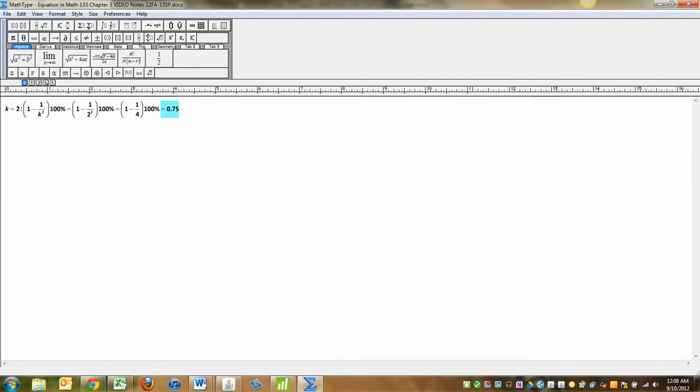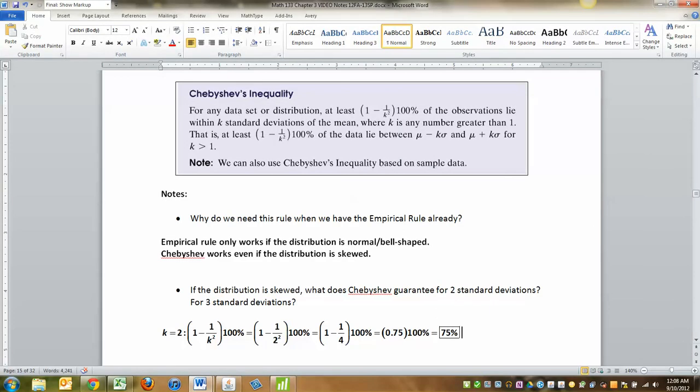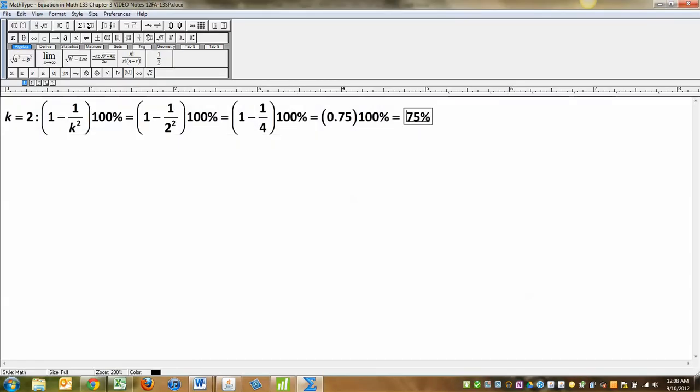All right, there we go. 0.75 times 100%, which is 75%. So according to Chebyshev, at least 75% have to lie within 2 standard deviations. In fact, I'm going to type this in.